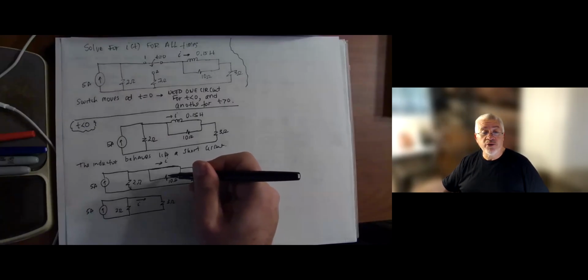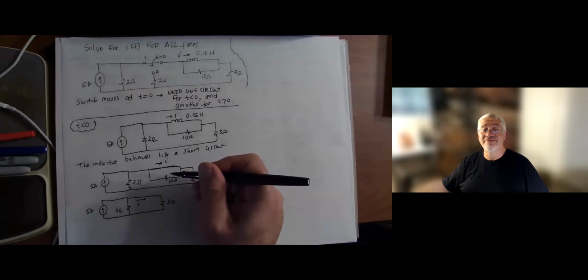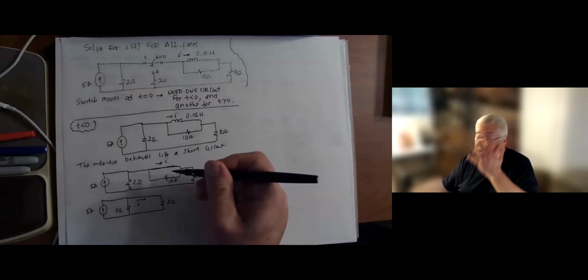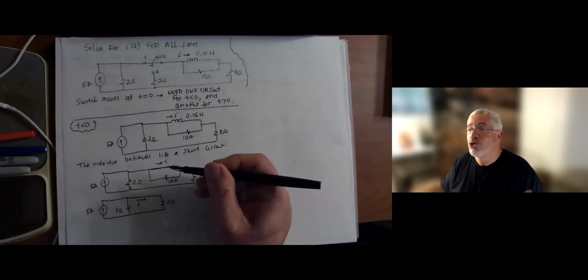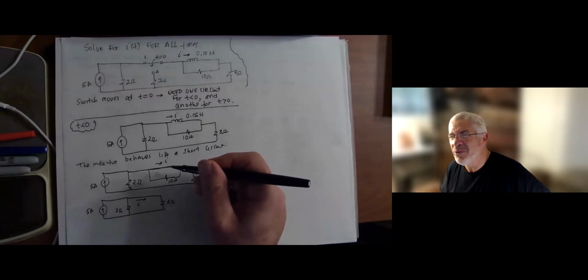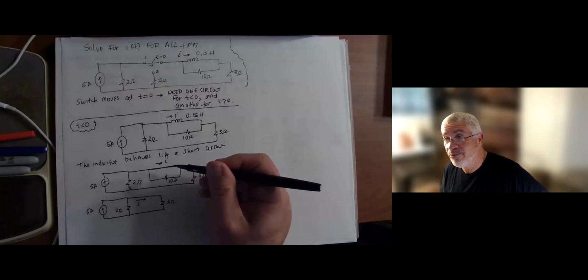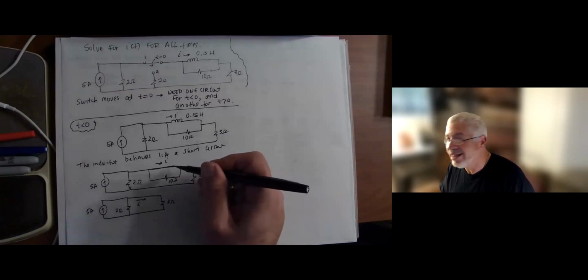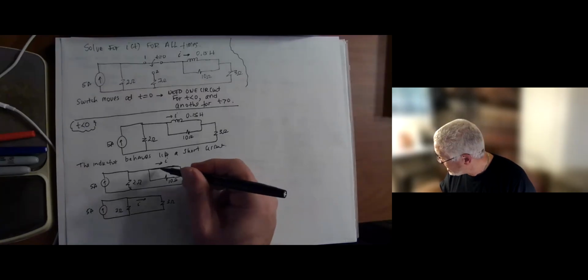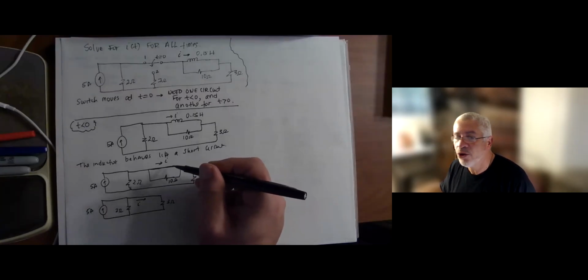If the voltage across the resistor is 0, the current is also 0, so the resistor essentially sees no signal. You can also see it as the current takes the path of least resistance, and I try not to use that too much because that doesn't really explain. It's kind of a nice saying, but I think what I just told you earlier is more the reason why we say the current takes the path of least resistance, and there is no resistance here, so the whole current goes here.